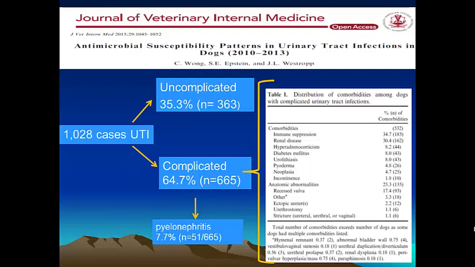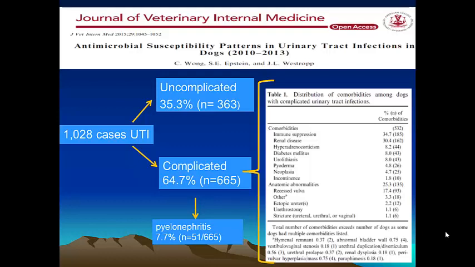As you can see, the most common one was immunosuppression, which was probably treatment with corticosteroids or some other chemotherapy agents. The second one was kidney disease, probably either acute or chronic. And as you can see, there were some endocrinopathies, hyperadrenocorticism, diabetes, and so on.